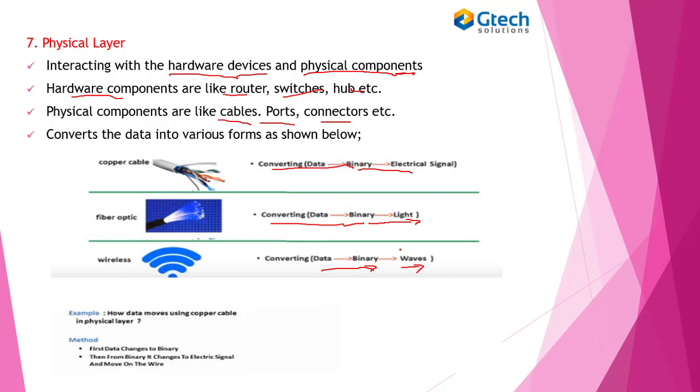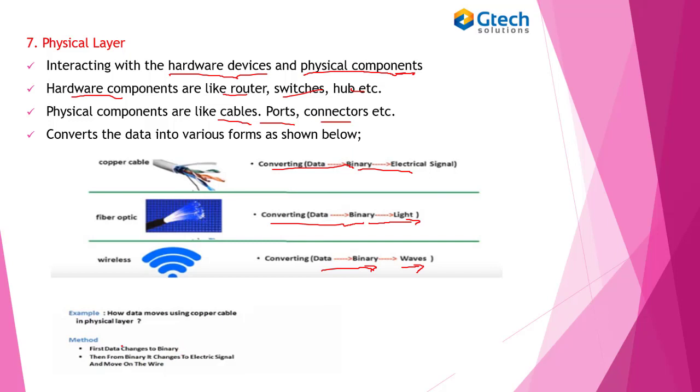So for example, describe how data moves using copper cable, untwisted pair, in physical layer. This is how to give a very brief and direct to the point explanation.